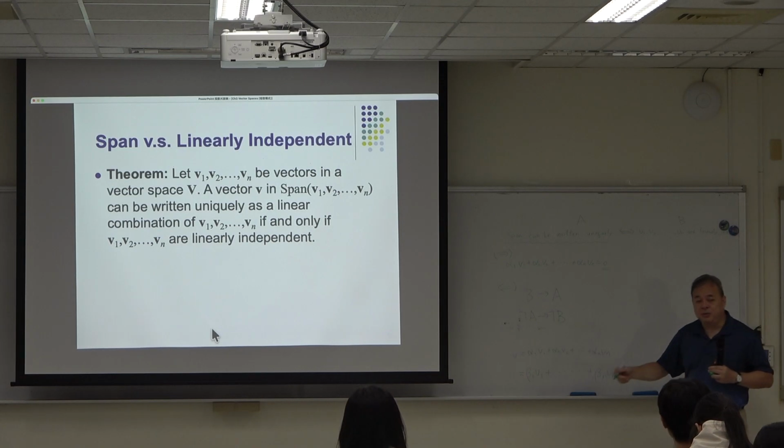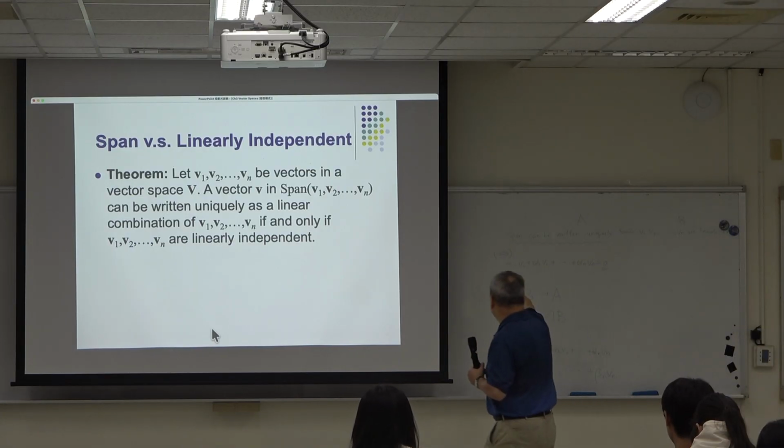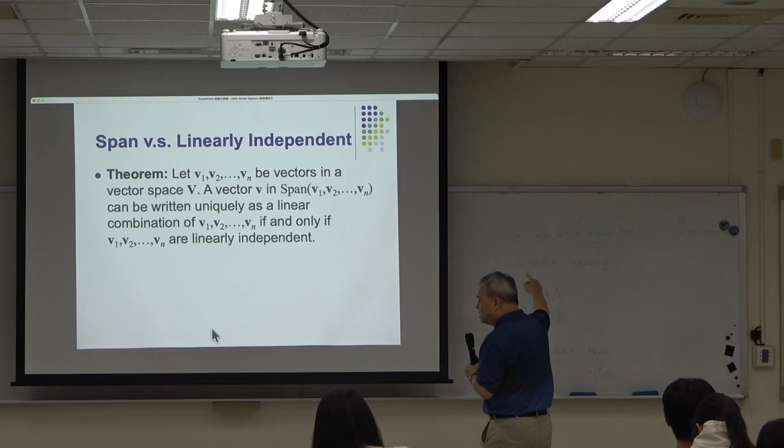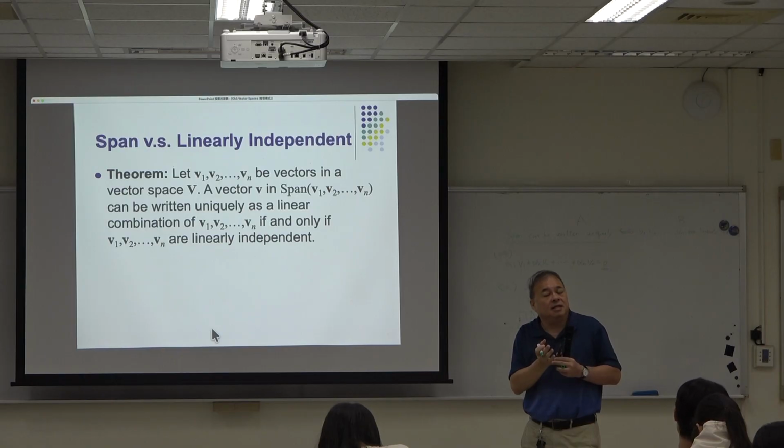There is more than one way to write it. That's not A. Can we imply it is linearly dependent?